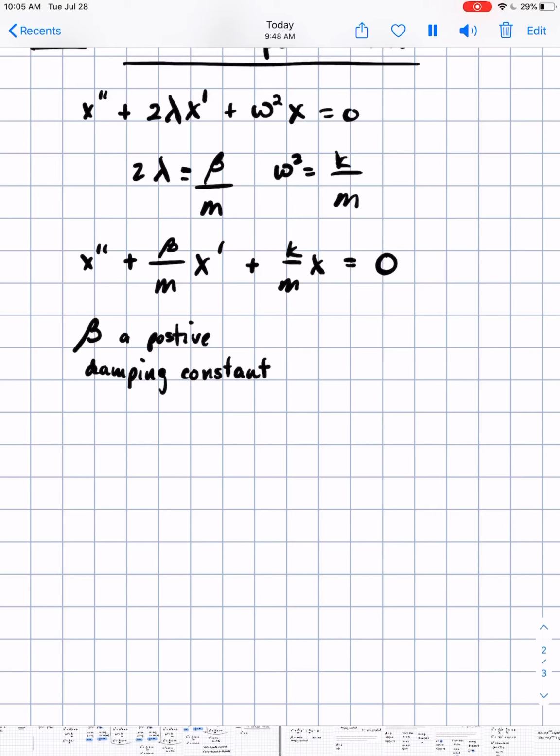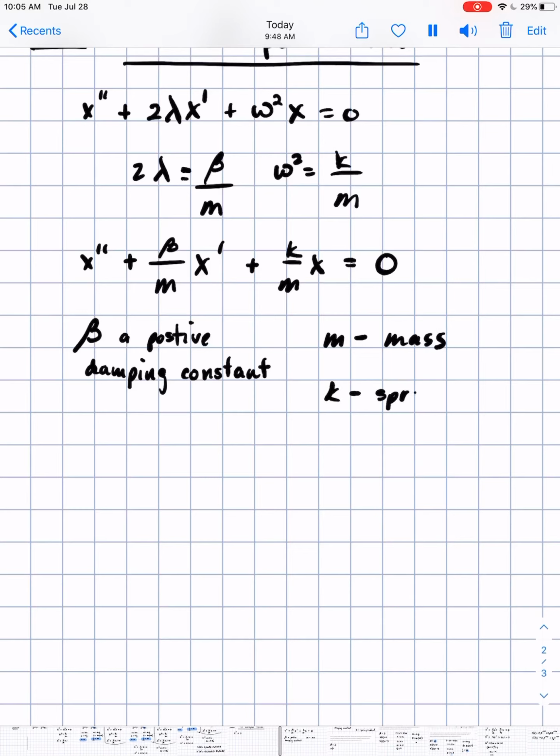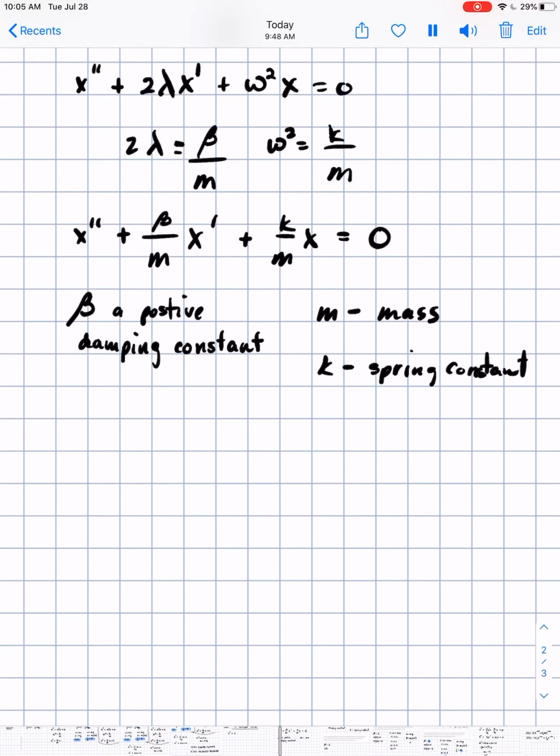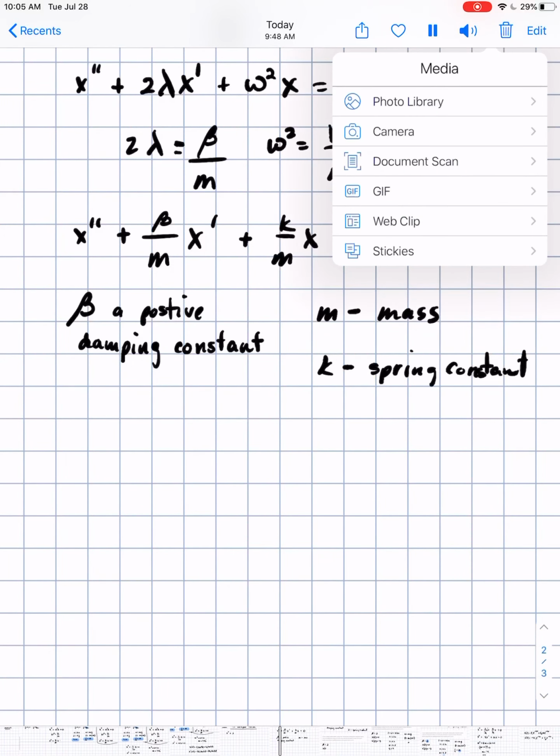And we already know m is the mass and k is our spring constant. Okay, so let's bring up the next example.